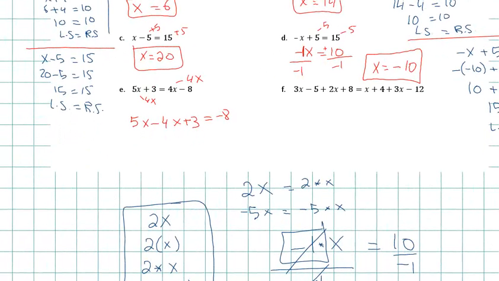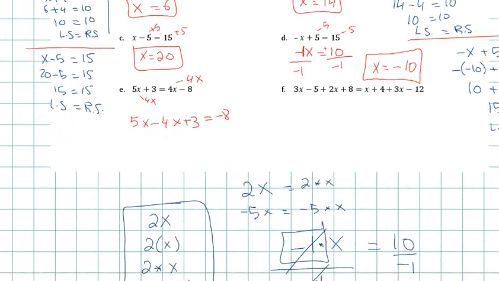Okay, now look what I have to do. I have to get rid of that 3 because it can't be with the x's, right? They're not friends. They can't be together. So what's the opposite of adding 3? I have to do it to both sides, right?